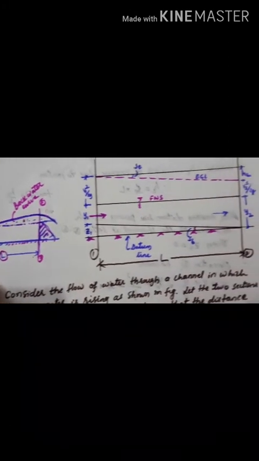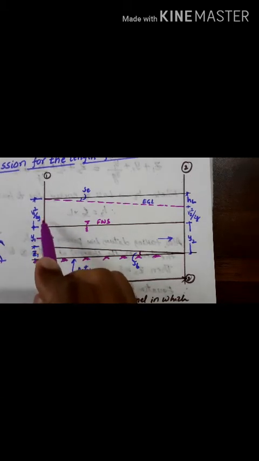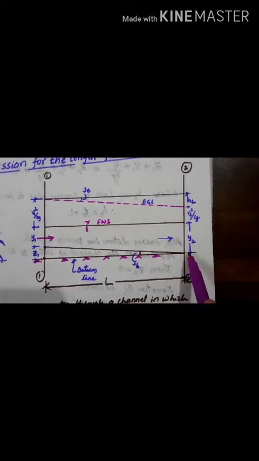So let us consider this channel section. This is the datum line, and this is the channel bottom. From the datum line to the bottom of the channel I have taken as Z1. Then from the bottom of the channel to the free water surface is Y1. Then the velocity head I have considered at section 1, similarly at section 2. Here the datum is merged with the bottom of the channel.